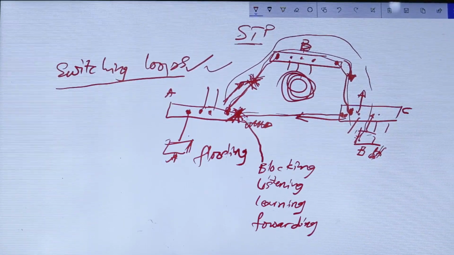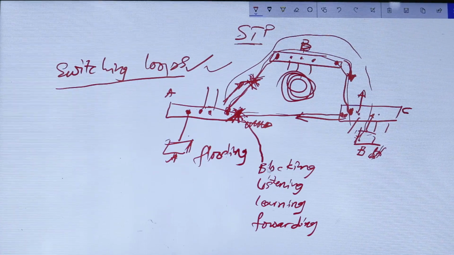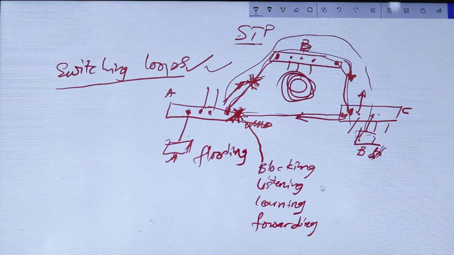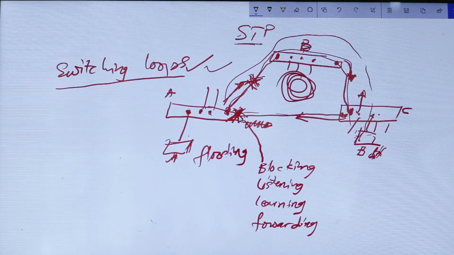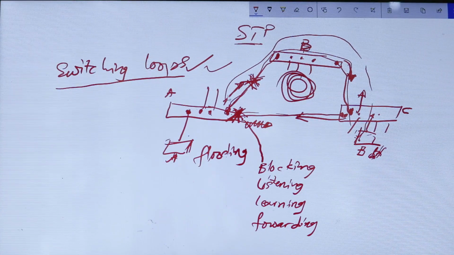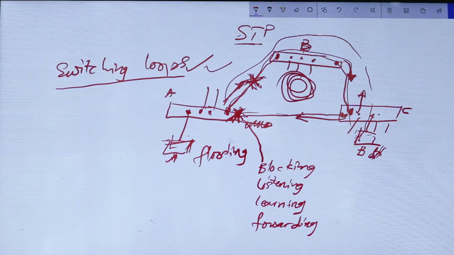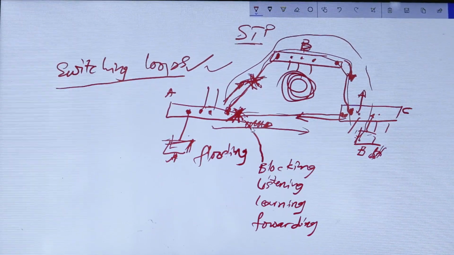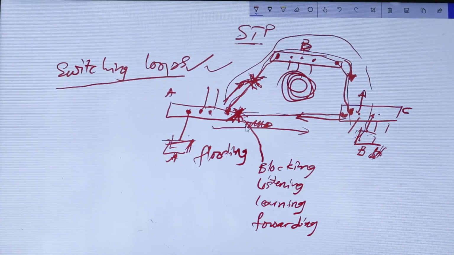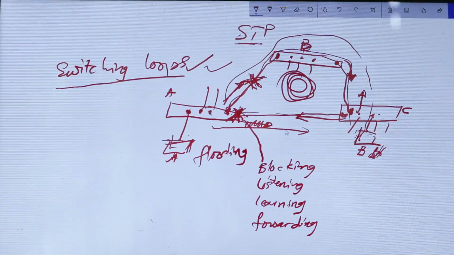So the mode of the port will change from blocking to listening, from listening to learning, and finally forwarding. So this port can now send packets. If this primary link goes down, and now A wants to communicate with B, the packet will be sent out this port here. So you see how beautiful STP works.